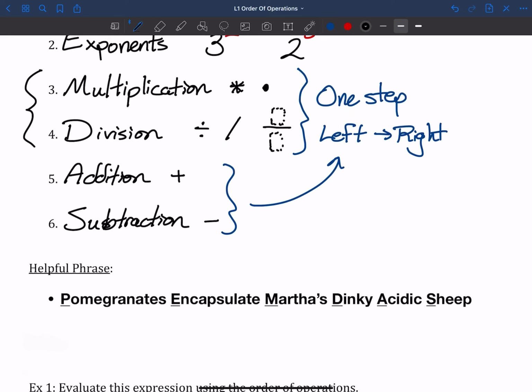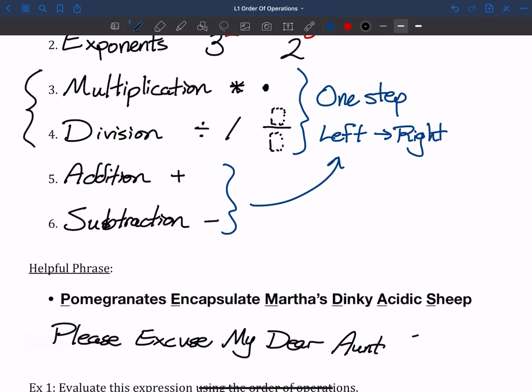The one that people really like is, please excuse my dear Aunt Sally. Oh, Aunt Sally. She's such a joker. I like pomegranates encapsulate Martha's dinky acidic sheep, but please excuse my dear Aunt Sally rolls off the tongue a little better. So whichever one you like.